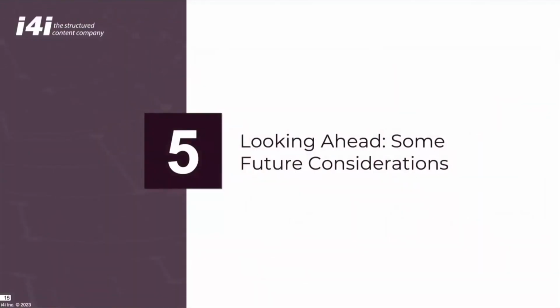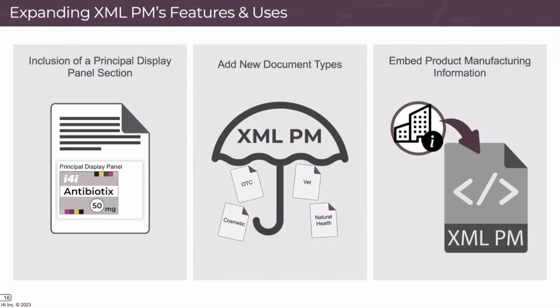And what does the XML PM future hold? Within the XML PM format, there is still room for growth and expansion. Like its US SPL counterpart, we could see that XML PMs may one day require images of drug packaging to be included. And having these images in the label is a great help for the end users.